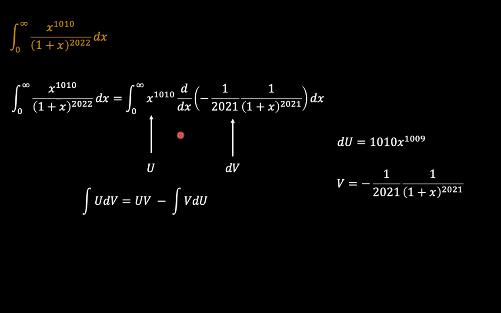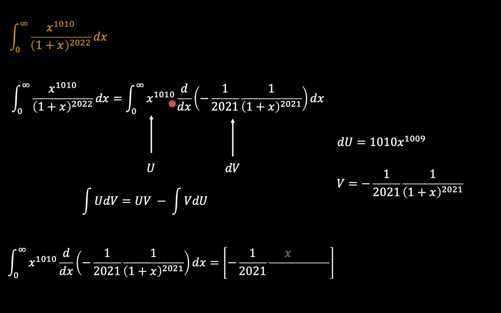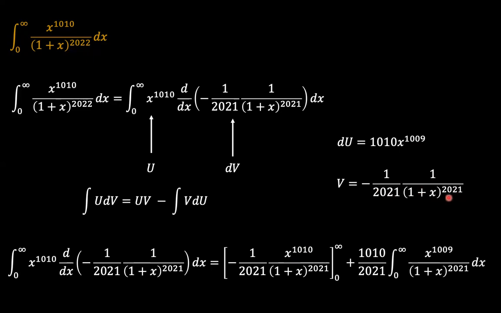So we now know what our u is and what our dv is, and then we can plug in the u, which is x to the power 1010, times the v, which is negative 1 over 2021 times 1 over (1 plus x) to the power 2021. And then since this is a negative, when we apply this negative, this becomes a positive.